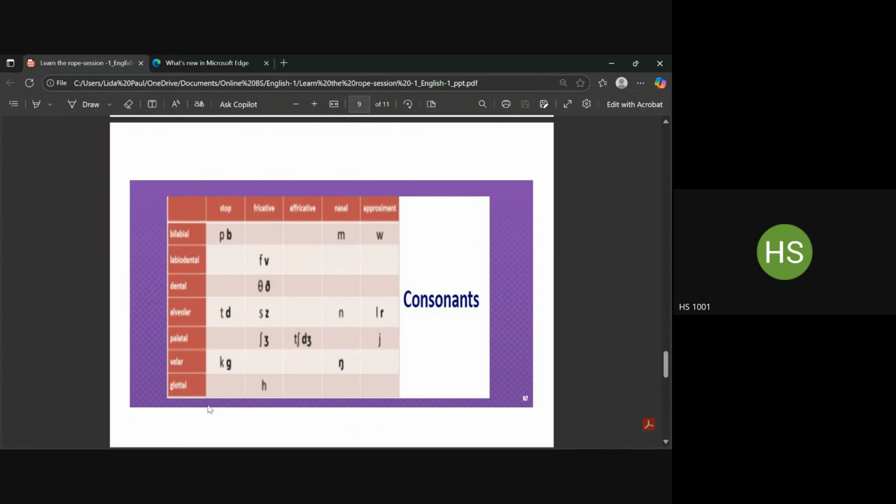More well articulated glottal sounds are found in those languages. English doesn't have it much, right? It's a very rudimentary kind of glottal sound, the h sound. So these are your places of articulation.